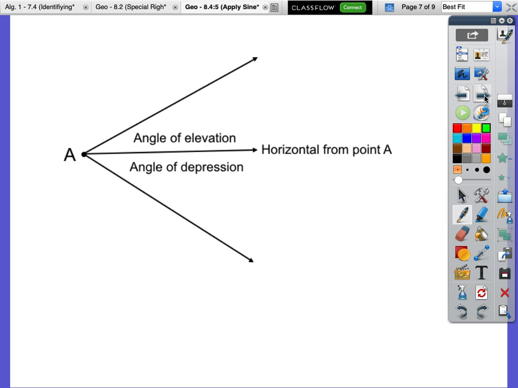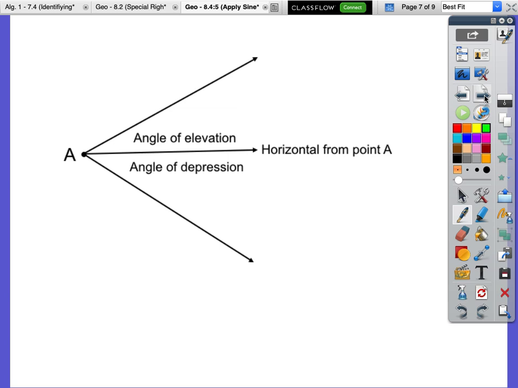Only compared to a straight horizontal line, it's considered an angle of elevation, because it goes up.